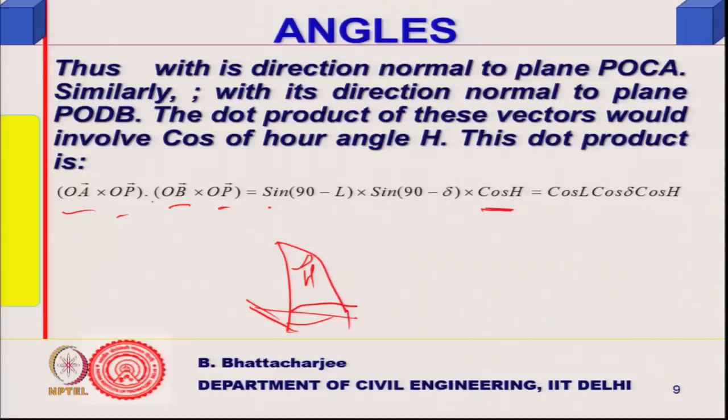Now, remember, what will be the angle between OA and OP? This is the north pole P, and this was A location. So, this is 90 degree minus latitude. With the north pole it will be latitude.